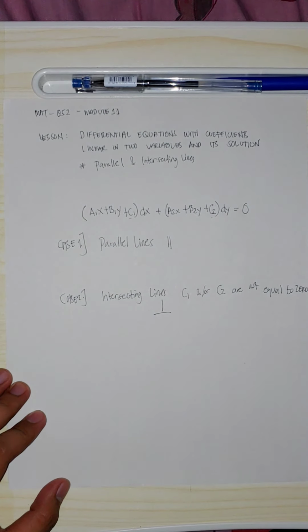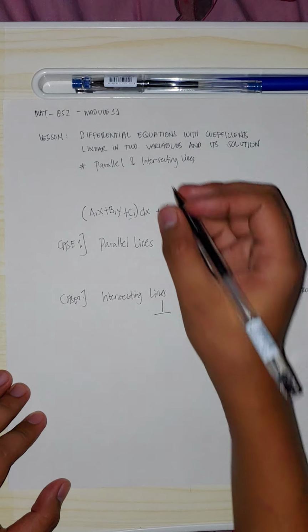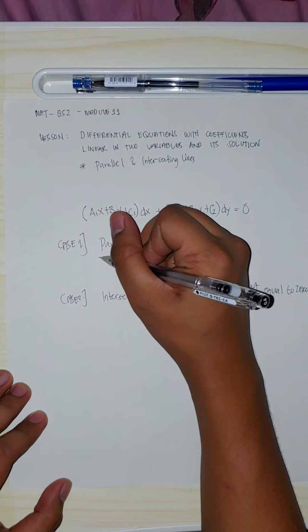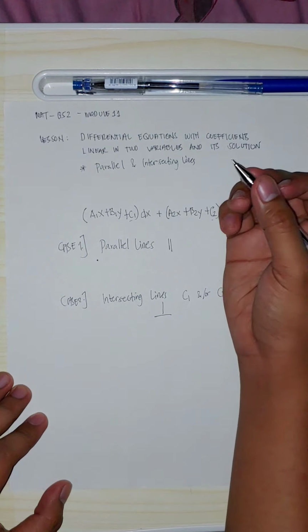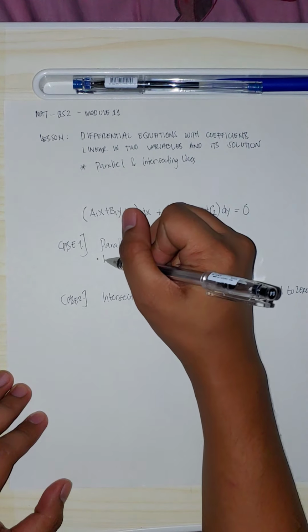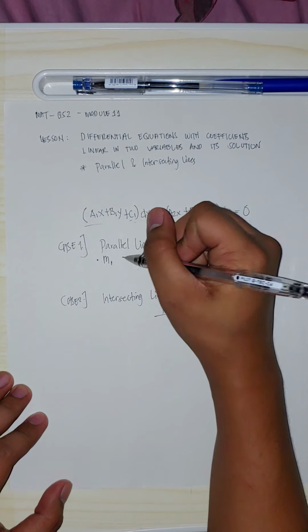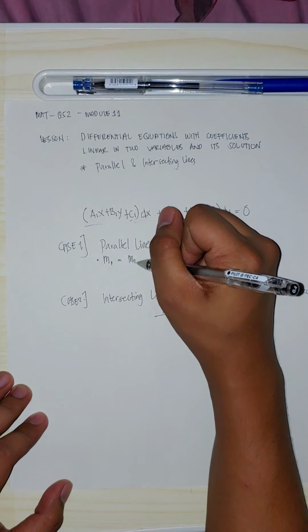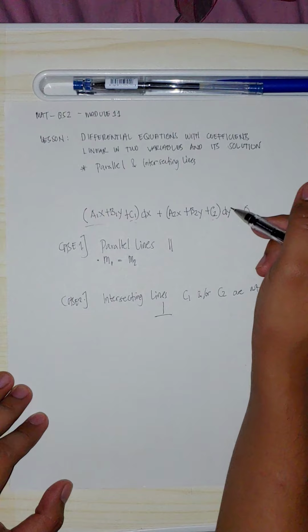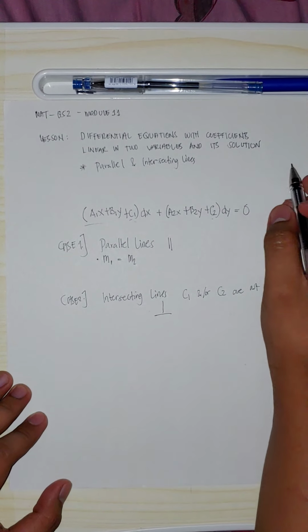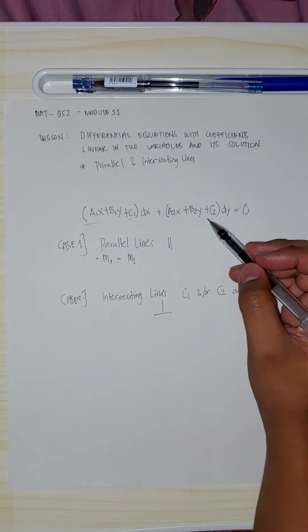Let's look at the slope of the equation. In parallel lines, the slope of the first function should be equal to the slope of the second function shown. So, you need to get the slope of this one and this one.